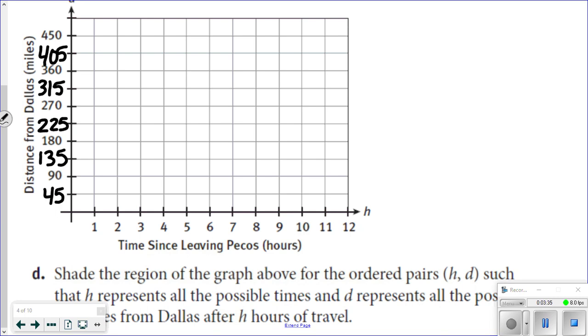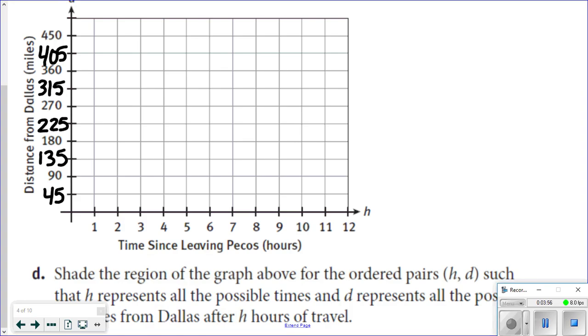We're not going to be very accurate. So what we could do, though, is find our x-intercepts. We could find the total number of hours it takes Travis to drive from Pecos to Dallas.